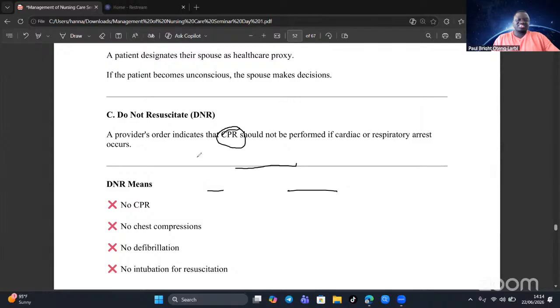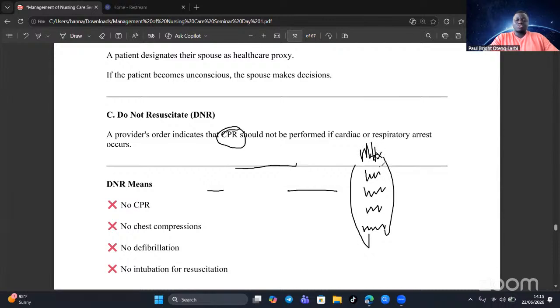So a provider's order indicates that CPR should not be performed if cardiac or respiratory arrest occurs. Okay. So the provider will make the order. They will discuss with the family that this patient has a heart condition, has a liver condition, has kidney failure, has all these comorbidities or medical histories.